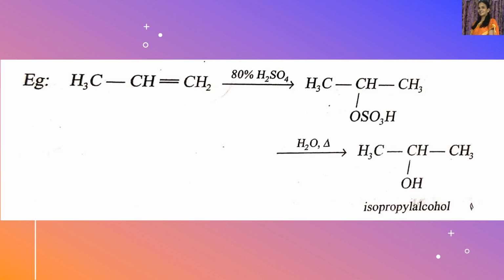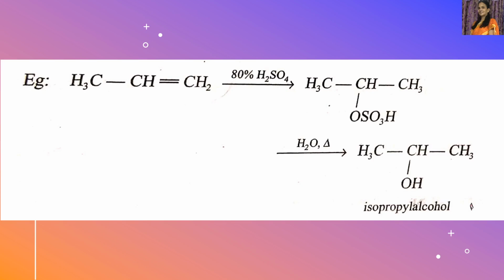When propene is treated with 80% sulfuric acid in the cold condition, what happens? The H plus of this H2SO4 goes to one carbon. If it follows Markovnikov's rule, the H plus, the positive part, goes to the carbon with more hydrogens, and the negative part, HSO4 minus, goes to the carbon with fewer hydrogens.